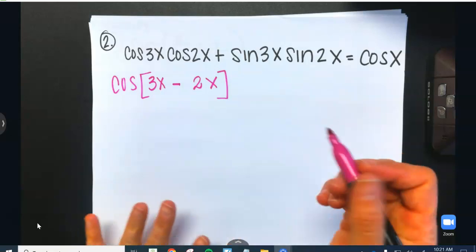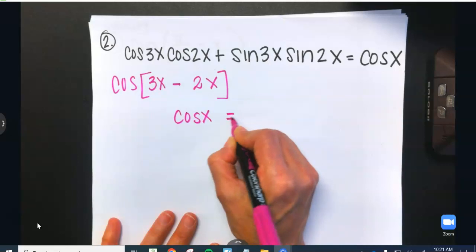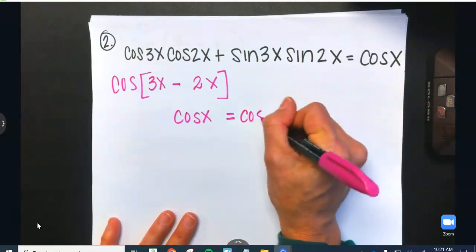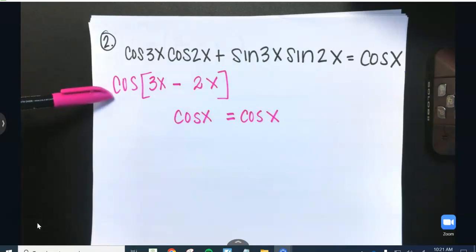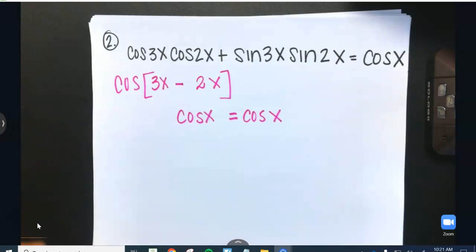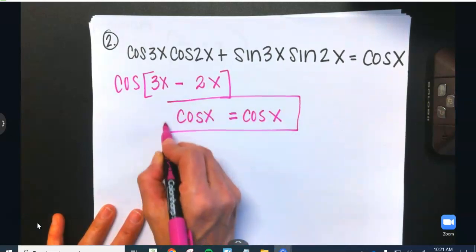What's 3x minus 2x? When there are not parentheses, don't overanalyze how easy this is. That's all it is. When there's no parentheses, that's all it is when I ask you to verify. Done.